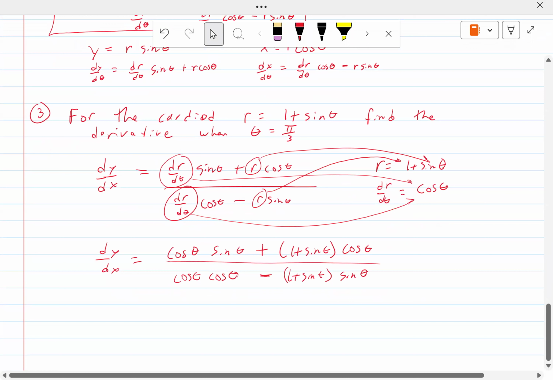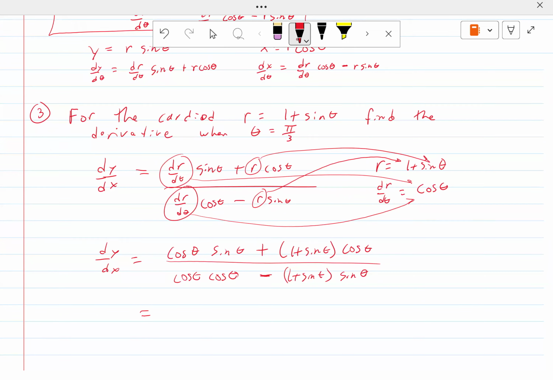Let's try to simplify this. Let's distribute. We get cosine theta sine theta plus cosine theta plus sine theta cosine theta.